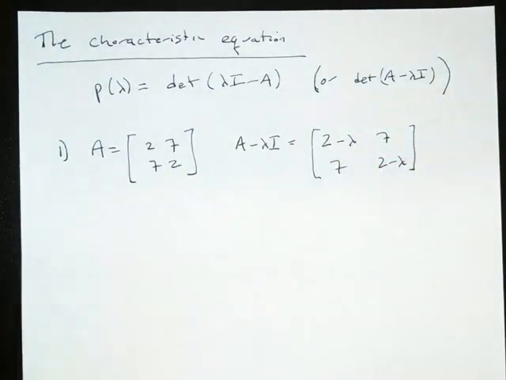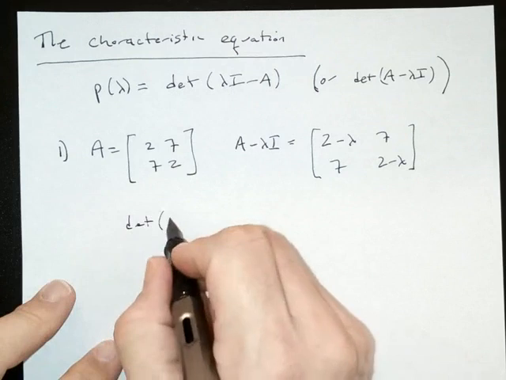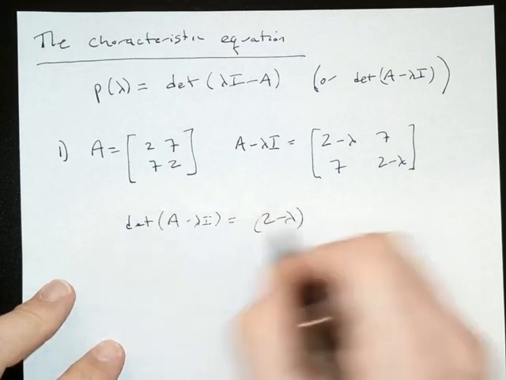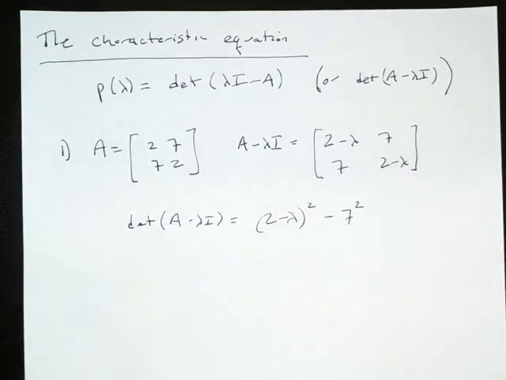Notice I did it the other way around than I did it last time. Ooh, the horror. So the determinant of A minus lambda I in this case is 2 minus lambda quantity squared minus 7 squared.